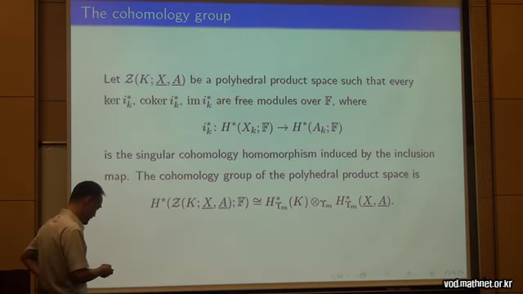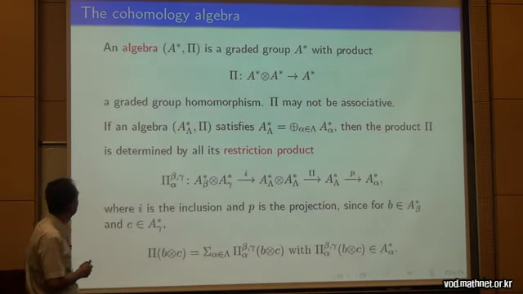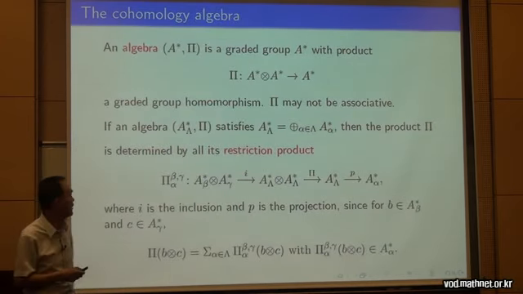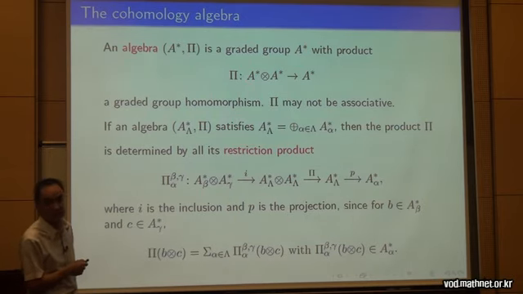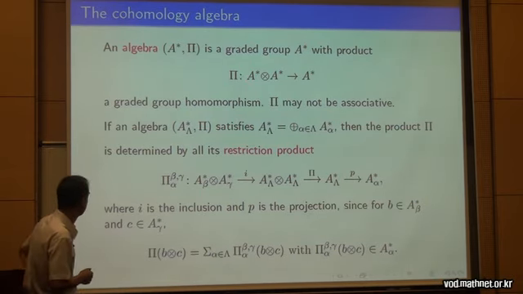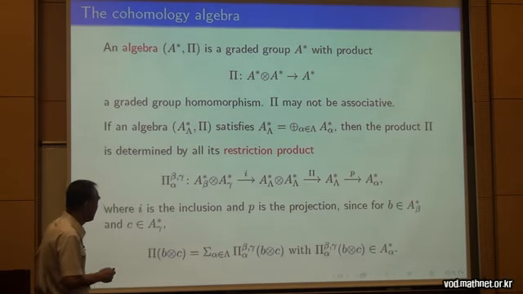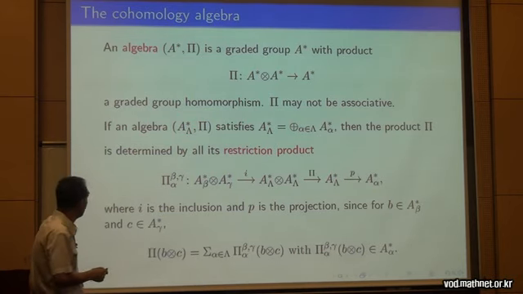So we have to see the definition of the diagonal tensor product of algebras. Here we want to stress that an algebra means just a graded group with a product that may not be associative. We don't require it to be associative. And suppose an algebra is the direct sum of subgroups.